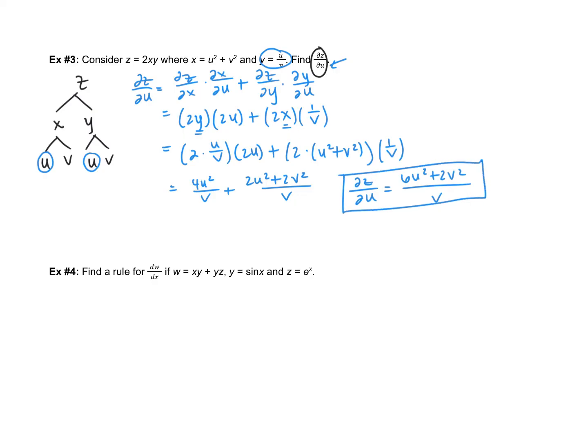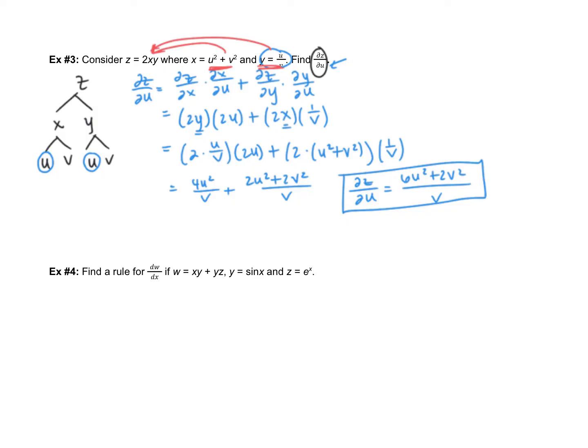Now, it's okay that we have both u and v in our derivative. And that's because if x and y are in terms of u and v, if we were to substitute them in, our initial function would be in terms of u and v. So that's not a problem. But, of course, we should not have x and y in our answer.